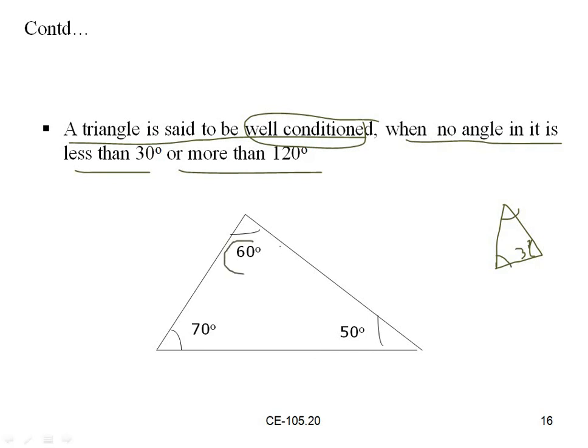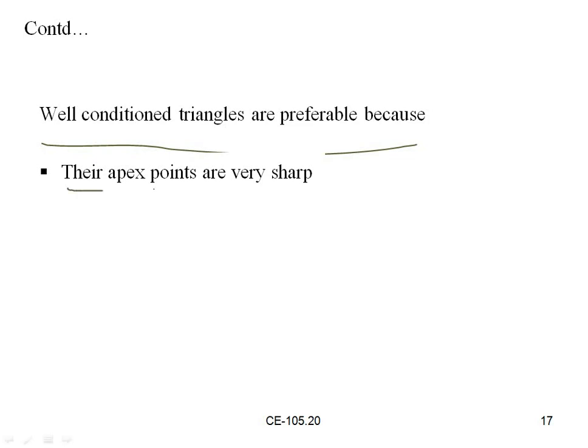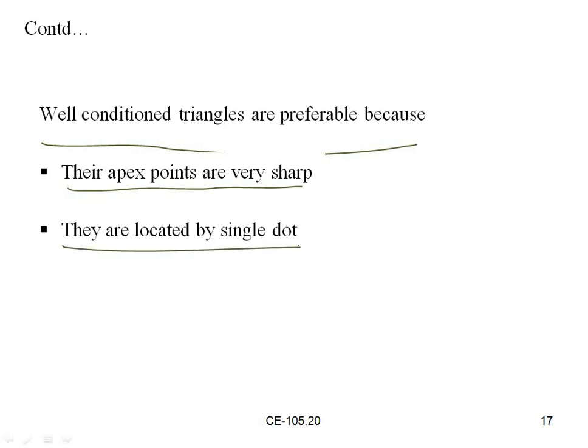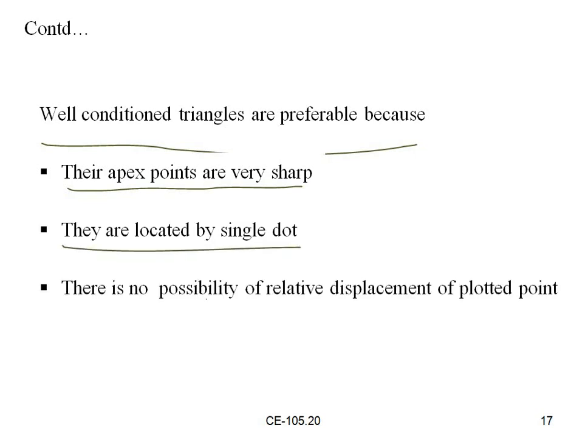So here 60 degrees, 70 degrees, 50 degrees. Well conditioned triangles are preferable because their apex points are very sharp. What are apex points? You can see they are located by a single dot. There is no possibility of relative displacement of the plotted point.